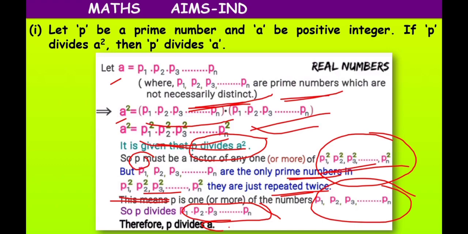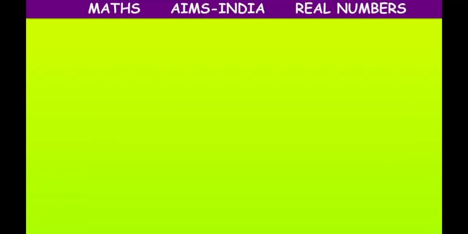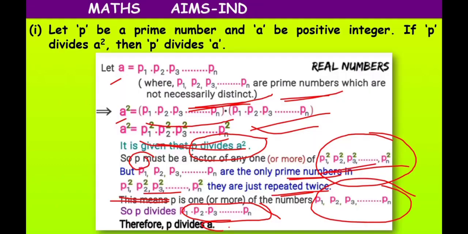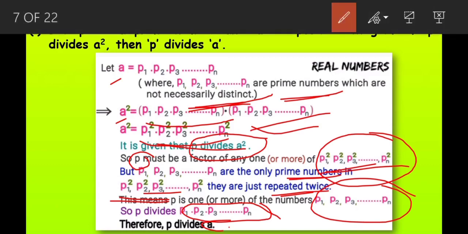Suppose you have a number 30, which is equal to a. What is a square? 30 square, which is equal to 900.